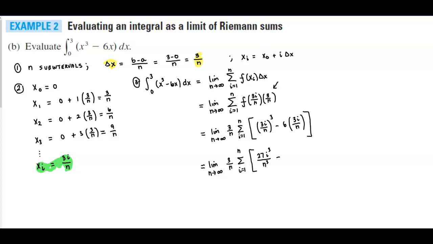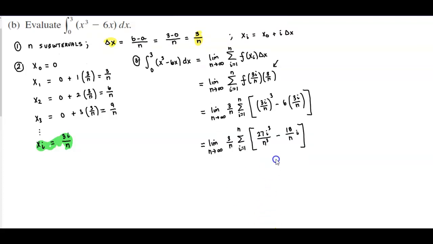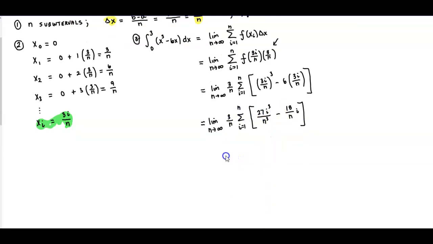And then minus 18 over n times i. Since we have subtraction, we can distribute this summation to both of those. So we can rewrite this as the limit as n approaches infinity.